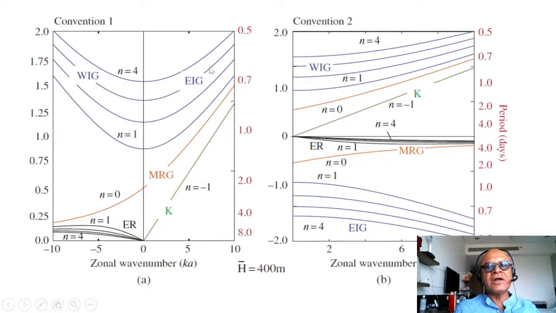And you can see that as you go to higher wave numbers or higher frequencies, these have basically linear slopes, constant slopes, so they become non-dispersive, right? And the equatorial Rossby waves have negative slope here, and then they become positive slope at higher frequencies.